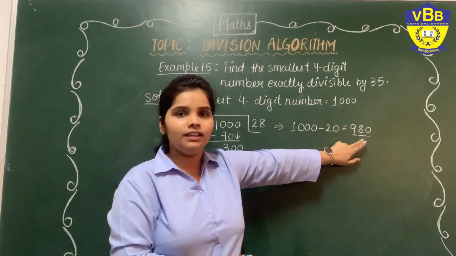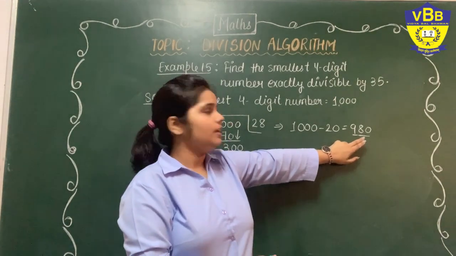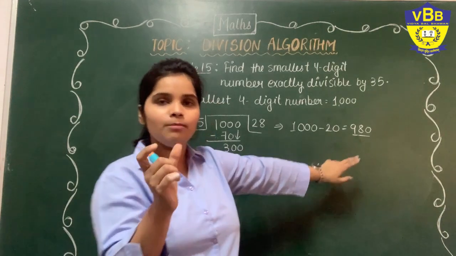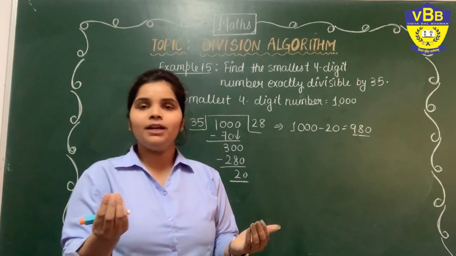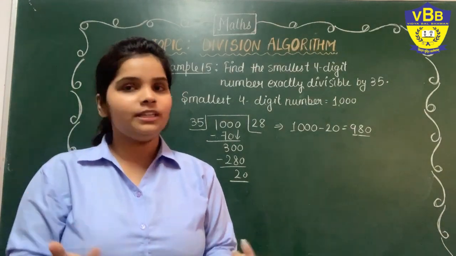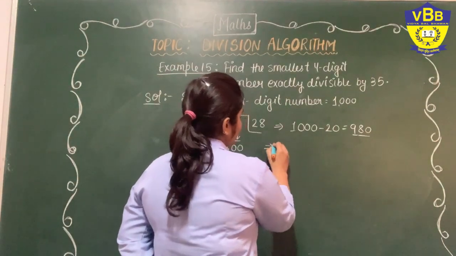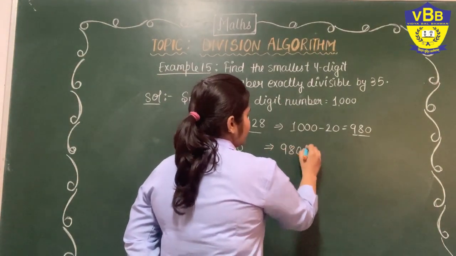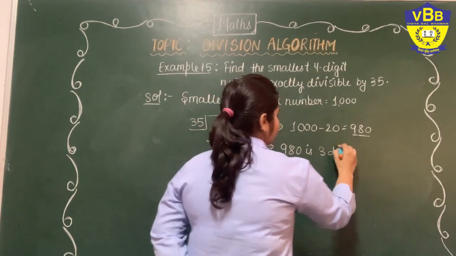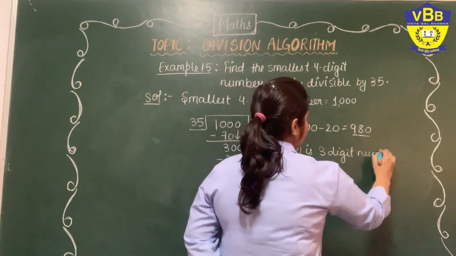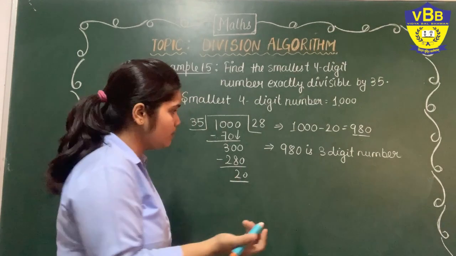If 980 is divisible by 35 and we add 35 to 980, the next number will also be divisible by 35, as multiplication is repeated addition. So 980 is a 3-digit number, but we want a 4-digit number.